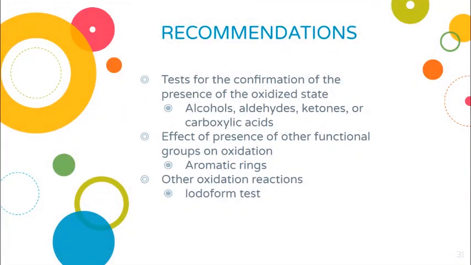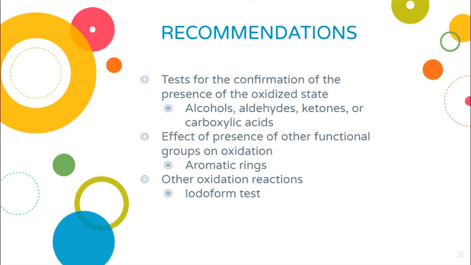As for the recommendations, tests for the confirmation of the presence of the oxidized state of the functional groups can be done to ensure that the reaction has taken place. Tests to determine the presence of alcohols, aldehydes, ketones, esters, or carboxylic acids are an example.